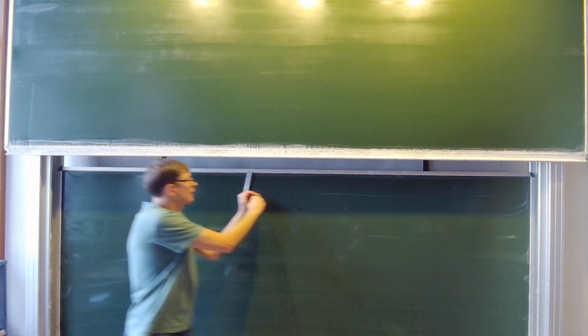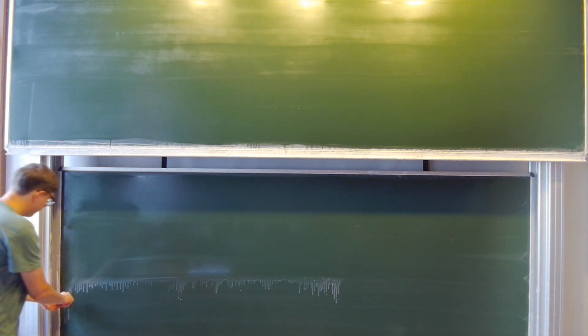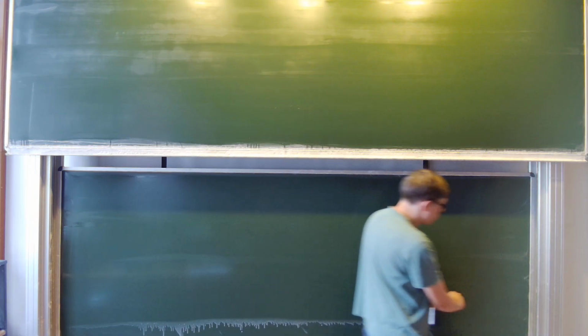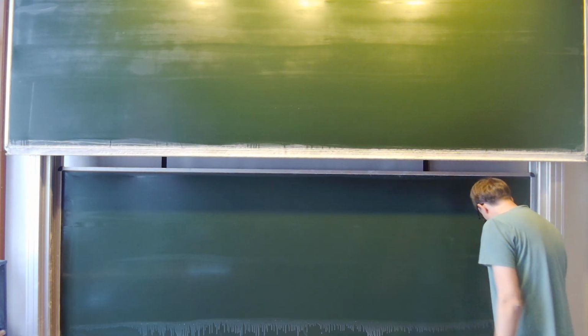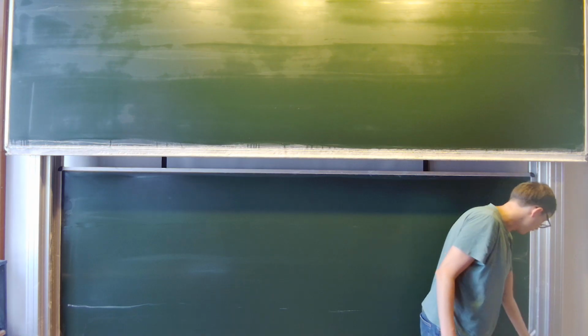One of them is when you want to use the so-called AKSZ construction, which tells you that if you have a map of two supermanifolds, then the mapping space is also a supermanifold. And it does a bit more, but that's part of the statement. So we need to use this in there.